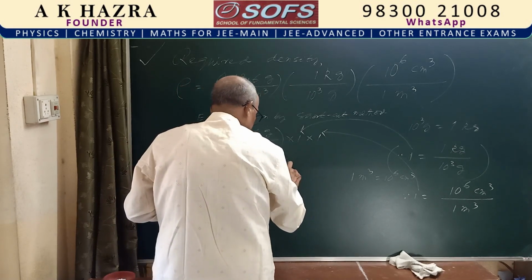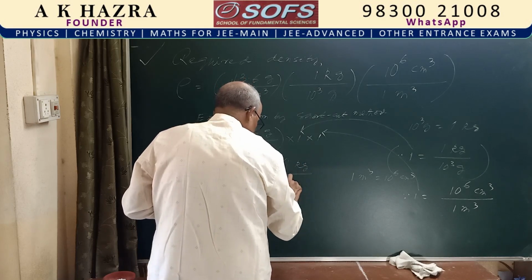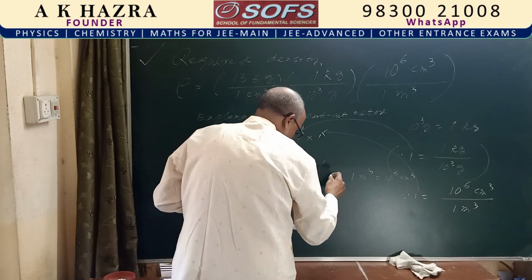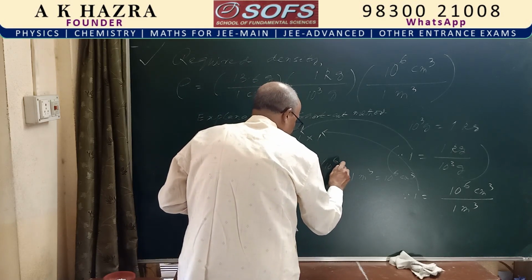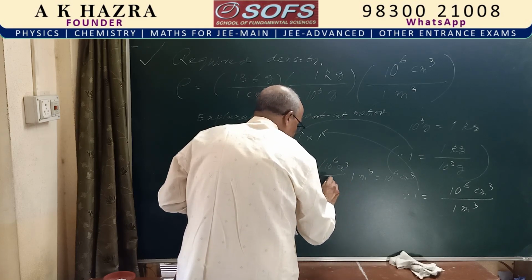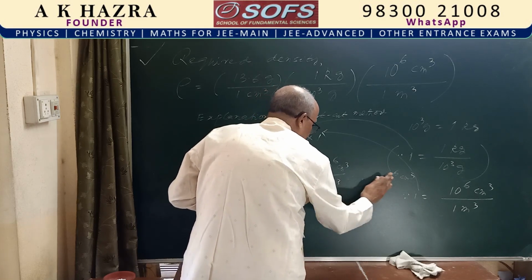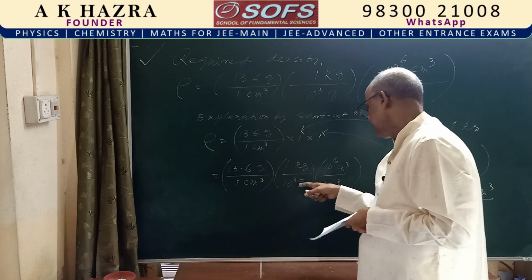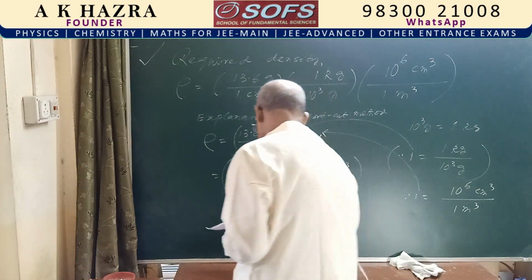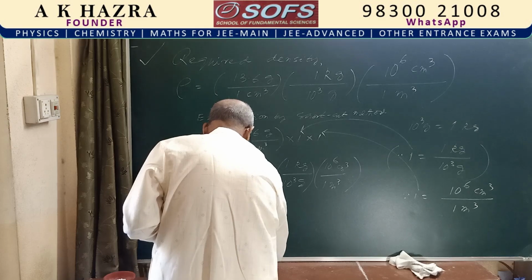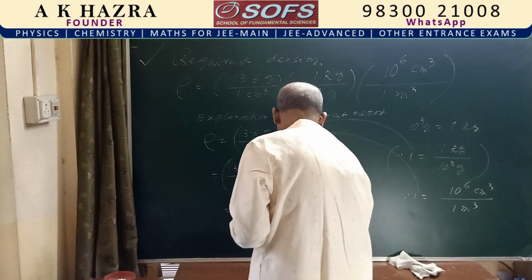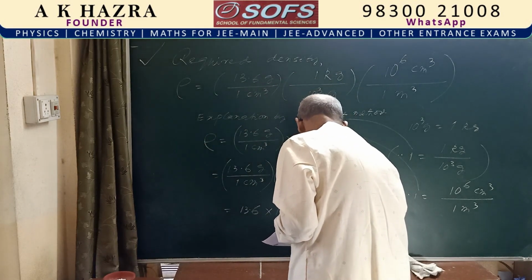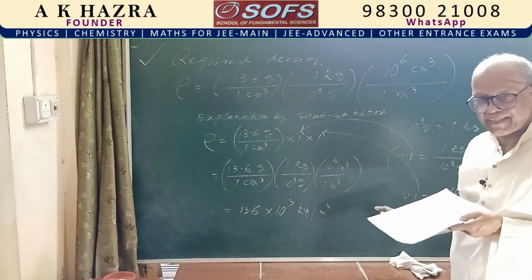This 1 is replaced by 1 kg by 1000 gram and this one by 10 to the power 6 cubic centimeter by 1 cubic meter. So you see gram cancels, cubic centimeter cancels. We'll have kg per cubic meter, and clearly you see 13.6 into 10 to the power 3 kg per cubic meter. This is the factor label method.